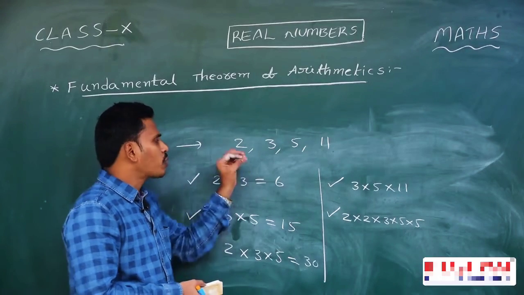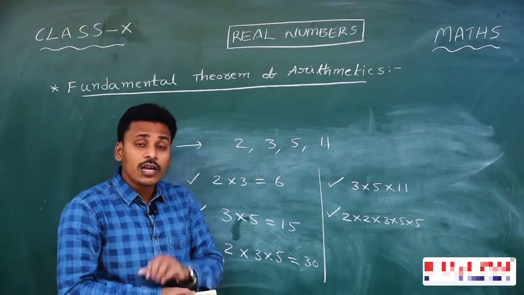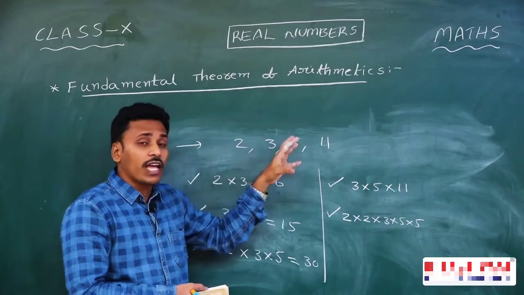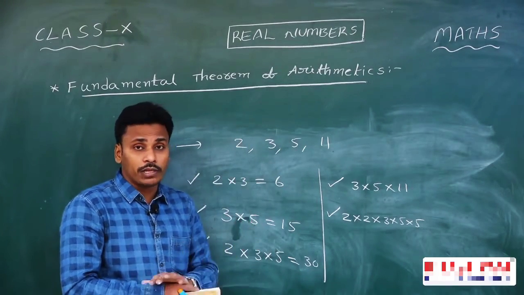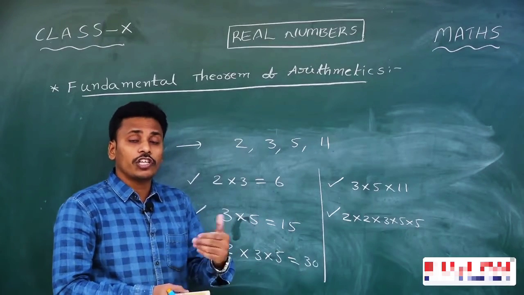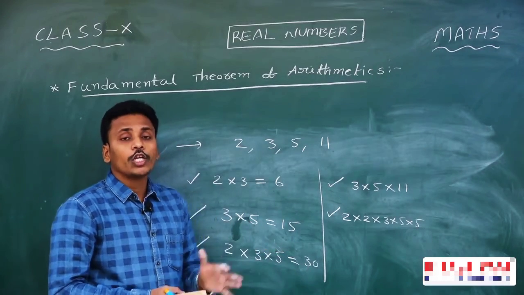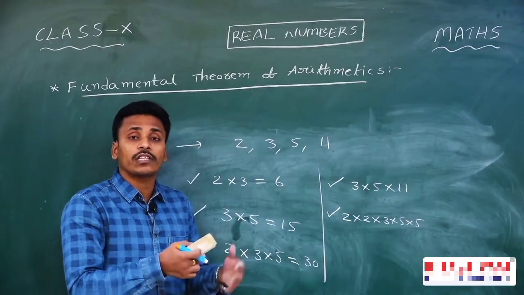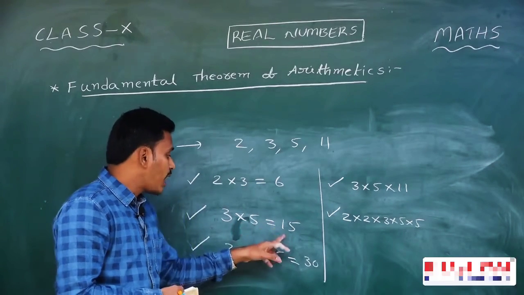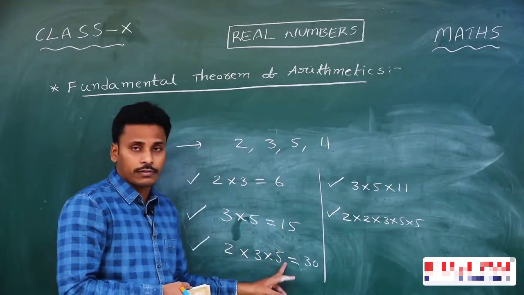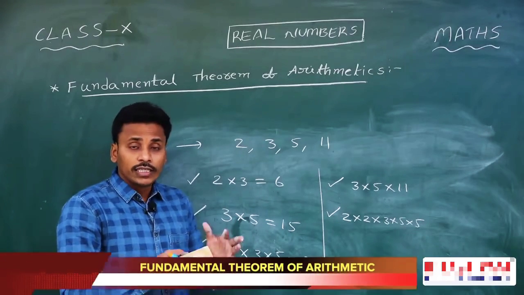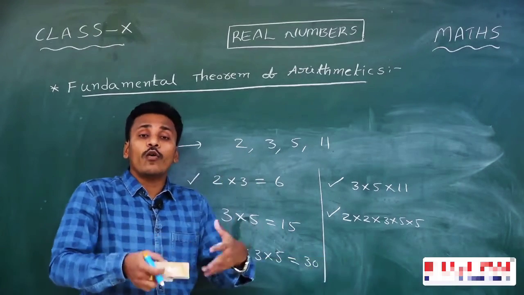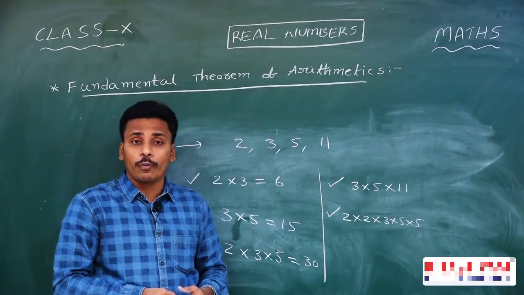Suppose I am starting with 2, 3, 5 and 11. If you multiply the numbers from 2, 3, 5 and 11, any number of them, any number of times, you will get an infinite number of newly formed numbers. And all those numbers are in turn composite because they are the product of some other numbers, by the definition of composite. That shows that a finite number of primes generates an infinite collection of composite numbers.